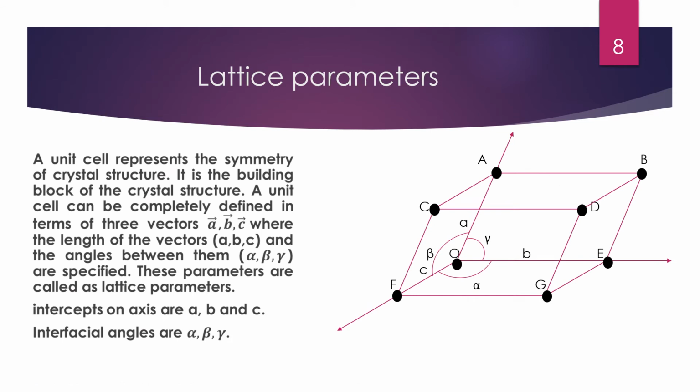Now a very important phenomenon is the lattice parameter. As in the previous slides, we have shown different types of unit cells. Some unit cells are rectangle structured, some are square structured.